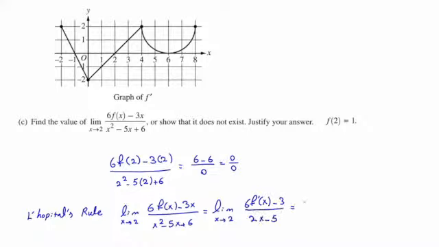Replacing x with 2, it is 6f prime of 2 minus 3 over 2 times 2 minus 5. From the graph, f prime of 2 is 0. So it is 0 minus 3 over 4 minus 5, which is negative 1. So negative 3 over negative 1 is 3.